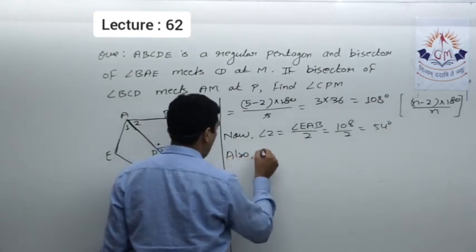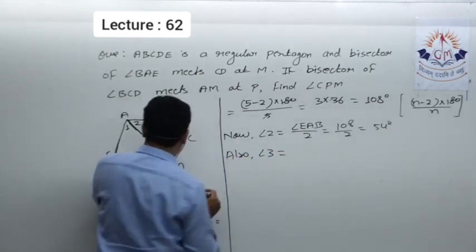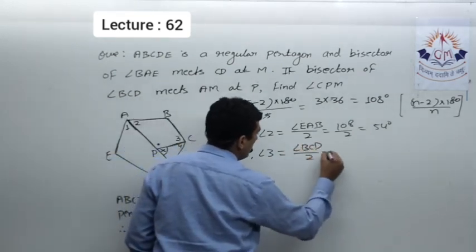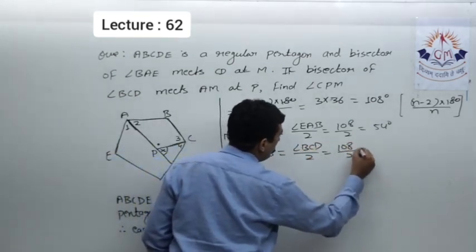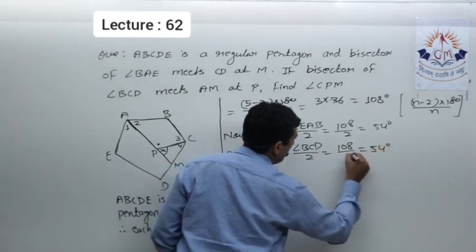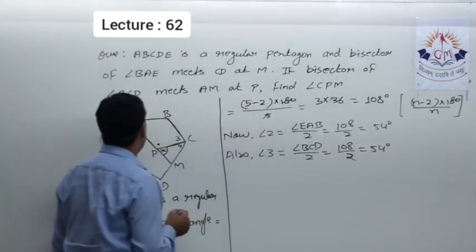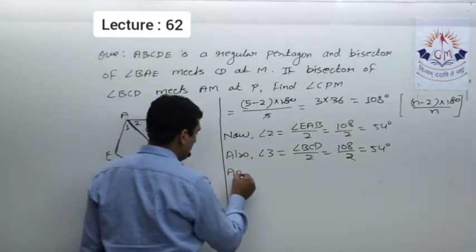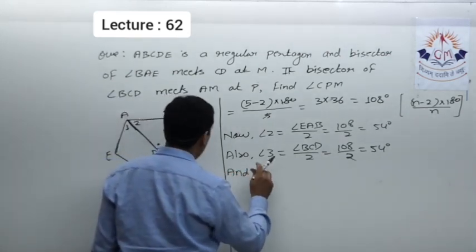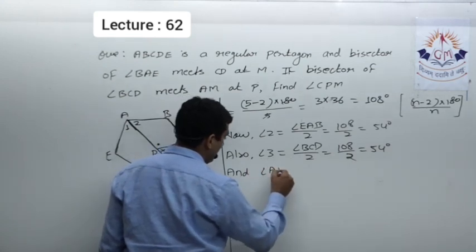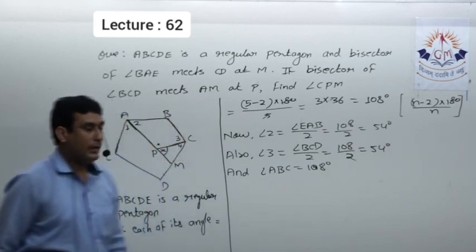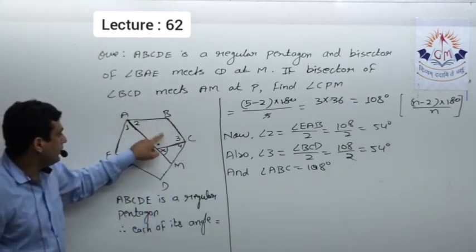Also angle 3 is equal to angle BCD by 2, that is 108 by 2, that is again 54. So we now have angles 2 and 3, and angle ABC is equal to 108 degrees.